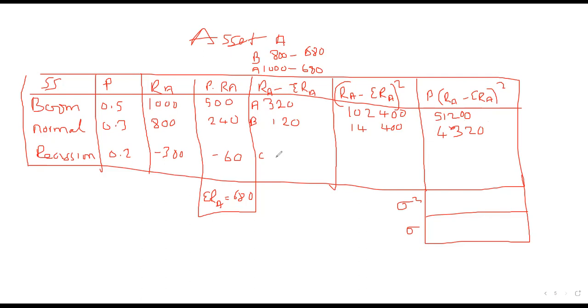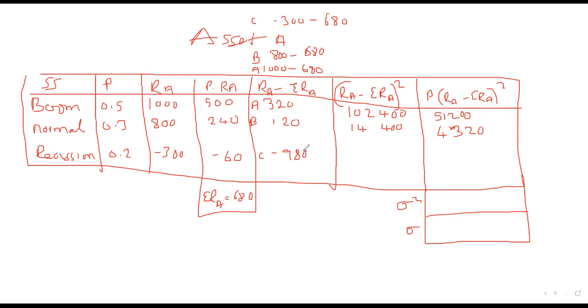Quickly, what do we get at point C? How do we get it? Negative 300 minus 680 gives minus 980. Then what do we do to the minus 980?